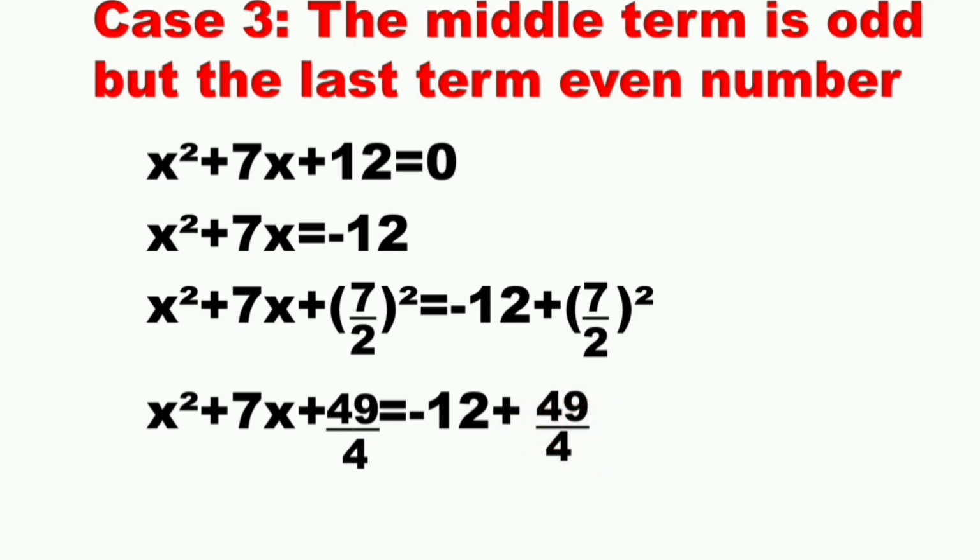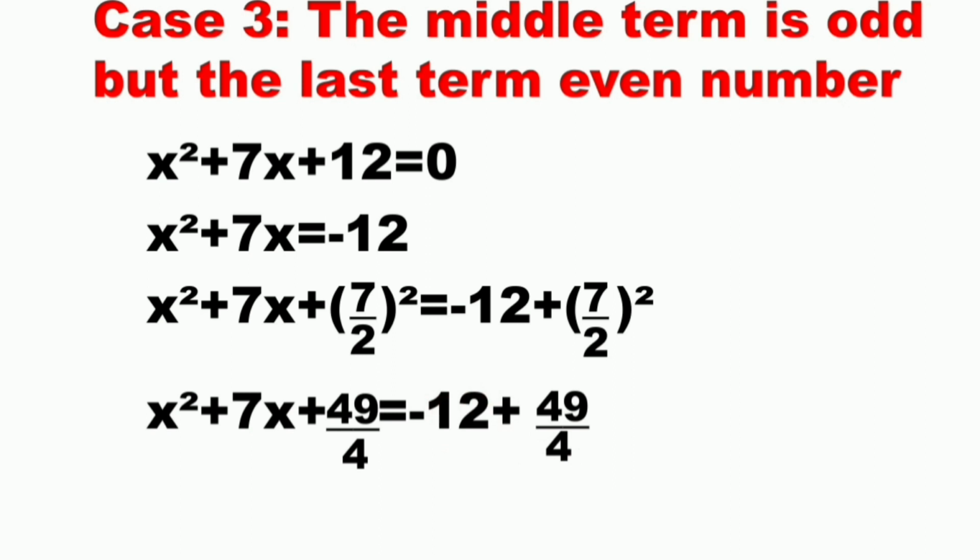Then we are going to make the right side of the equation into similar fractions. So we are going to multiply 4 to 12. The common denominator is 4.